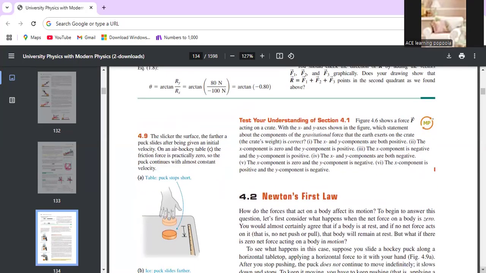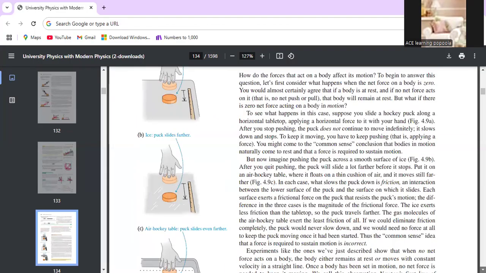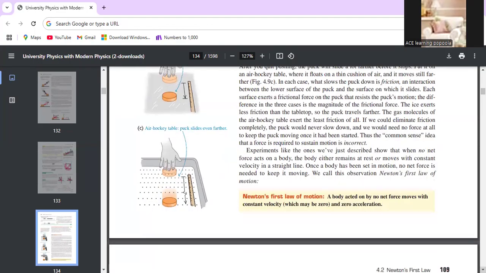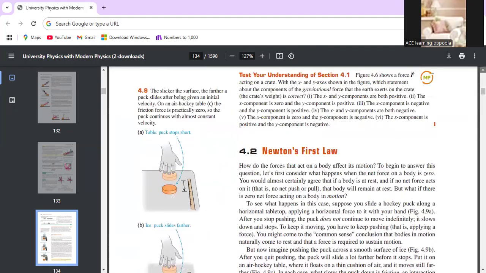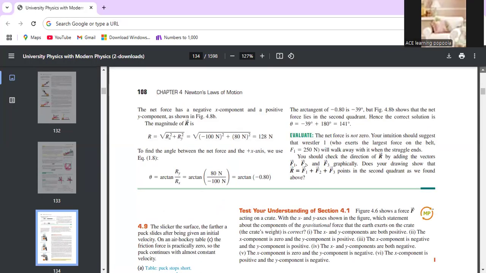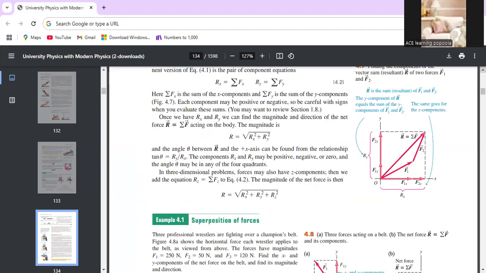Figure 4.6 shows a force acting on a crate. Let's see, where's 4.6? Okay, I'm trying to look for figure 4.6.